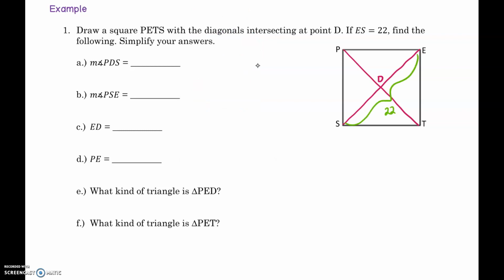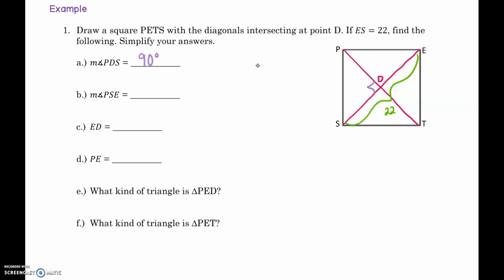Now we want to find the following. So the measure of angle PDS, we know that the diagonals are perpendicular, so they are going to intersect to form a right angle. So we know the measure of angle PDS is 90 degrees.